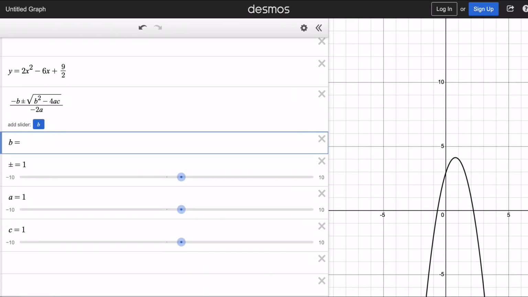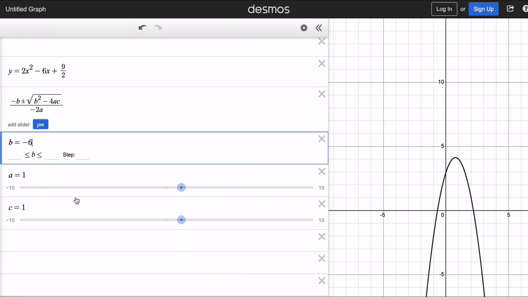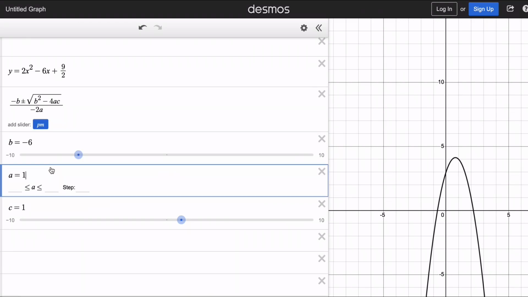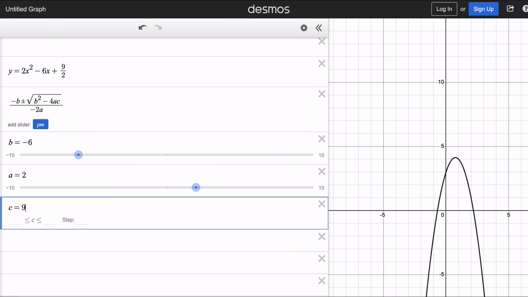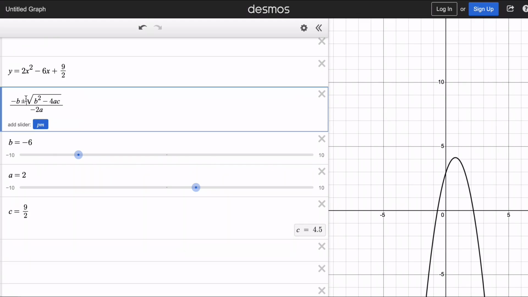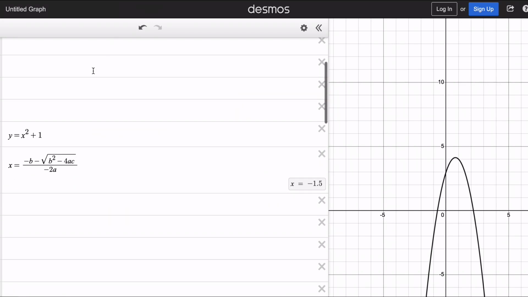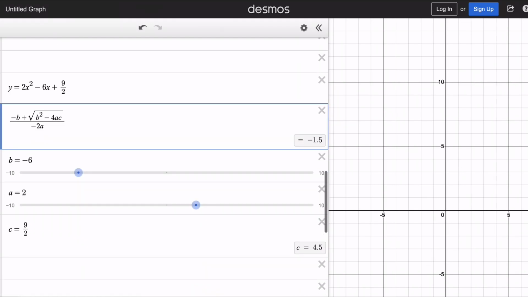This one is -6. This one is 2. This one is 9/2. Wait a minute, let me just work this out.